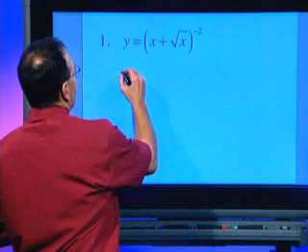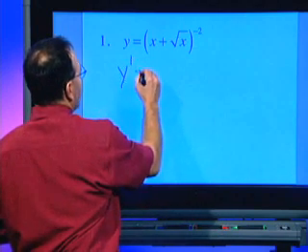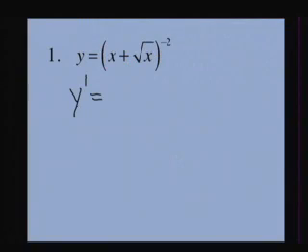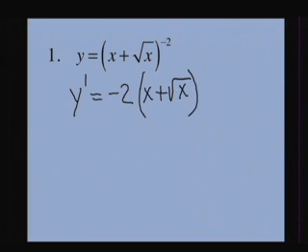So we have y prime equals, we bring down the -2, and then we have x plus the square root of x raised to the -3. So that's like taking and differentiating the outside function. But now what we need to do is multiply that times the derivative of the inside function.